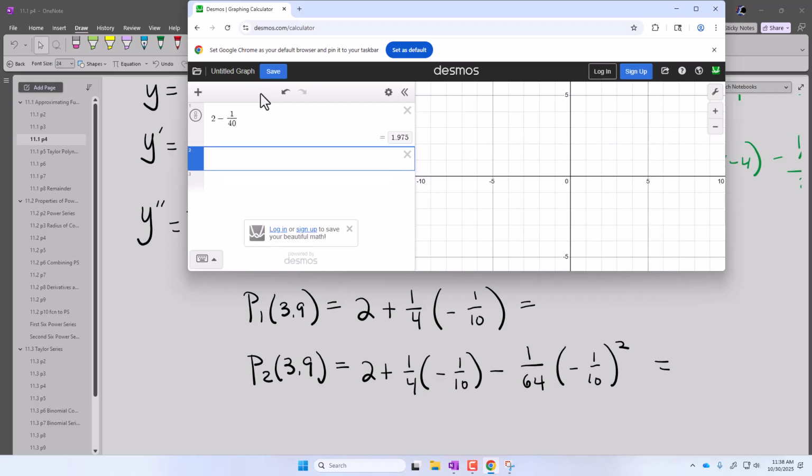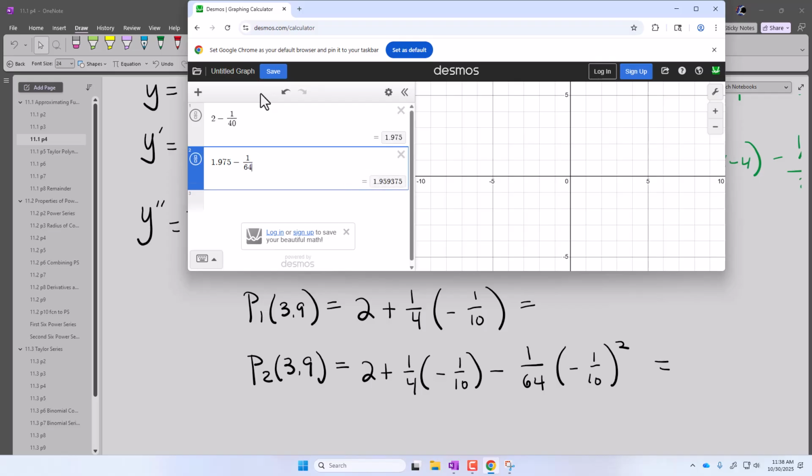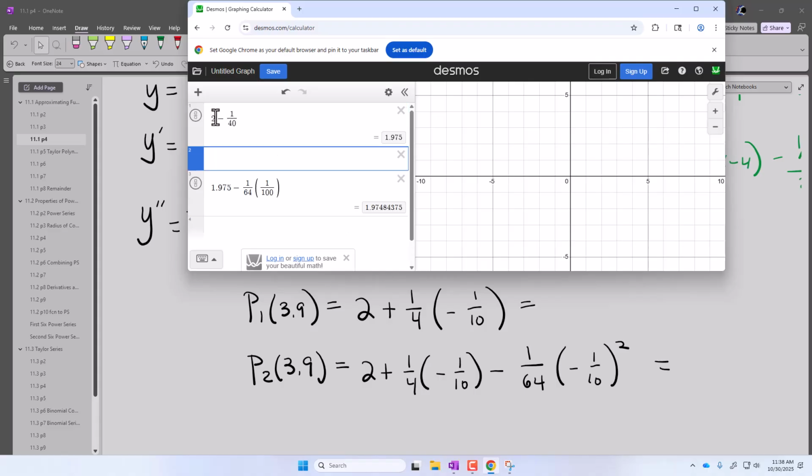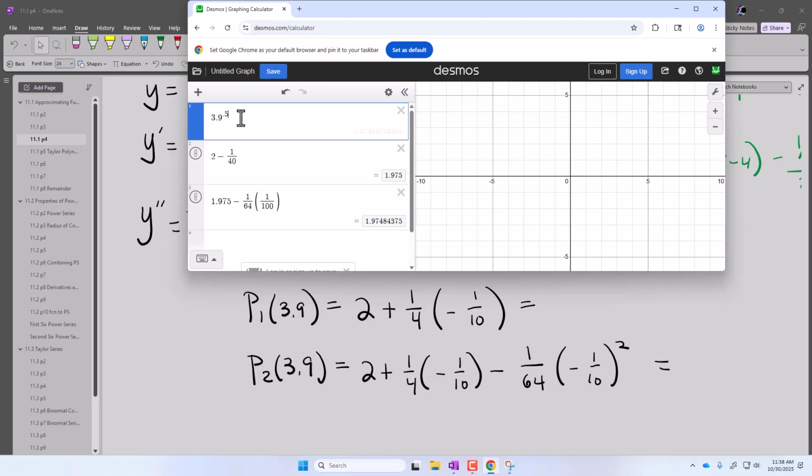And then 1.975 minus 1 over 64, parentheses. I guess that's 100th. So there are the approximations. And we can get that original value also. What was it, square root of 3.9? Yep. So there are our 3.